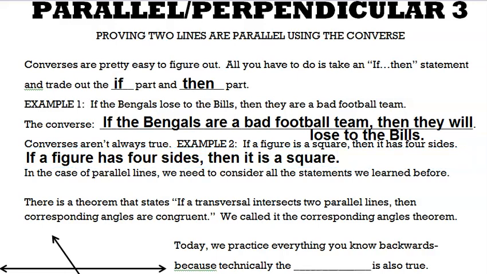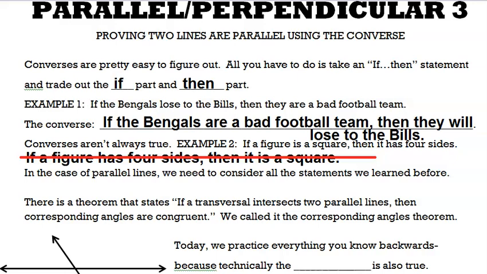And as you can probably figure out, that statement is not true. So sometimes when you are working with converses, the converse is not actually true. Today, they will be true.